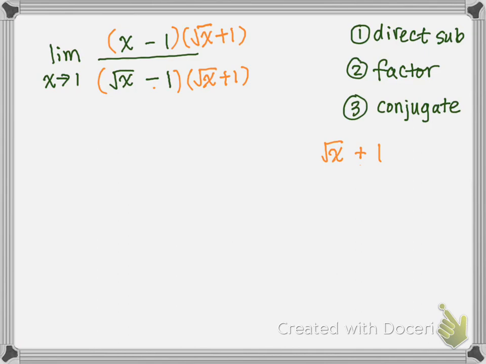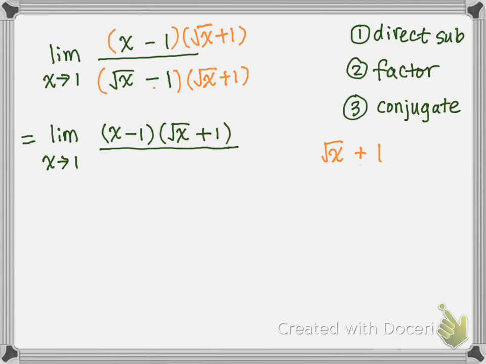What we will get in this case equals limit as x approaches 1. We leave the term on the top alone for now, because what we're really aiming for is a cancellation.